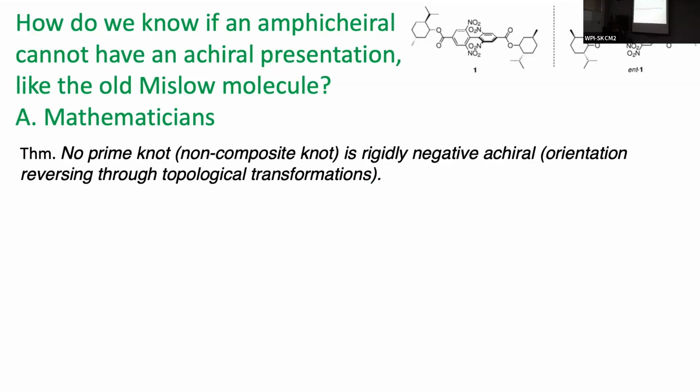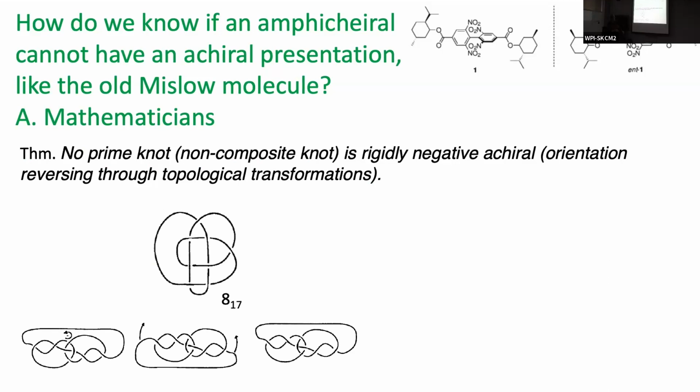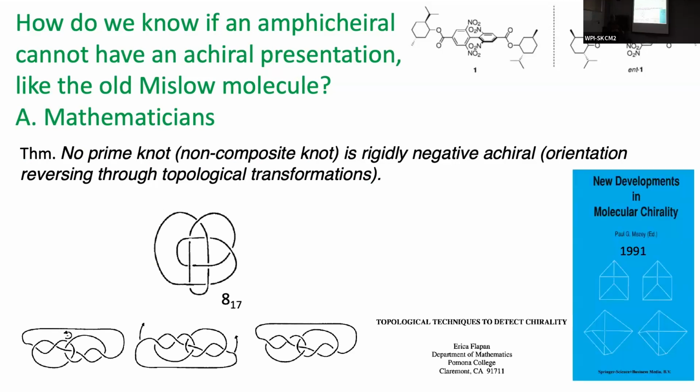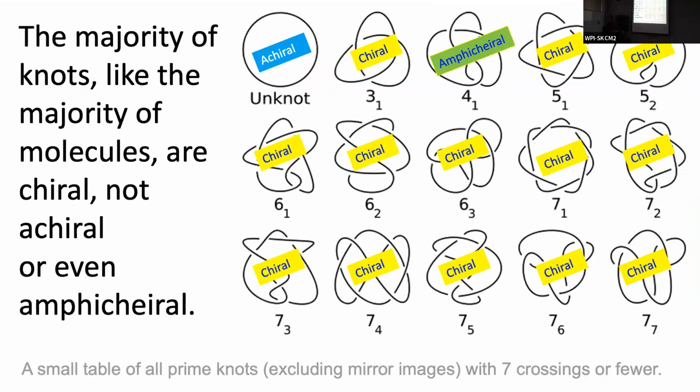That's a theorem. No prime knot is rigidly negatively achiral. And the 8_17 knot is a demonstration, and there's a proof, and it's not a very long proof, that comes out of this book that shows that, yes, there are knots that are amphichiral, like the Mislow molecule, that can interconvert from one enantiomer to another, but without ever going through an achiral transition state. That is, they must have a chiral zero somewhere.